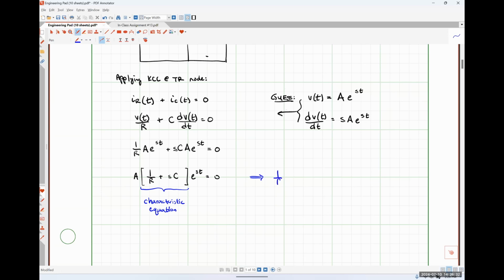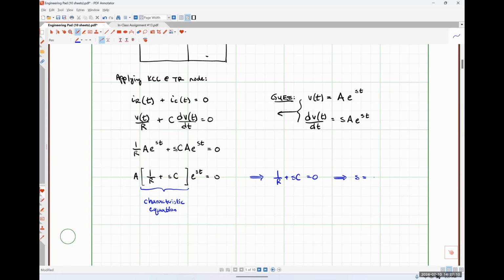So 1 over R plus sC is equal to 0. So that is true when s is equal to what? When you have negative C over R?